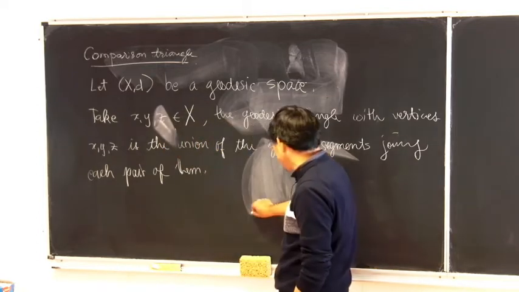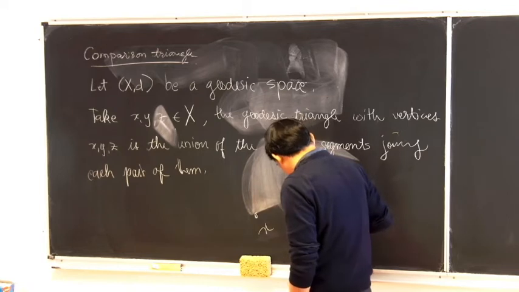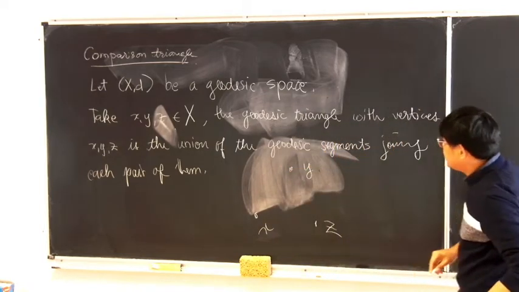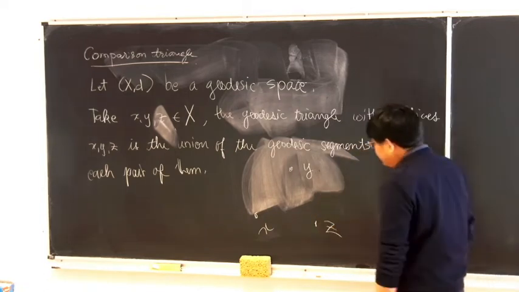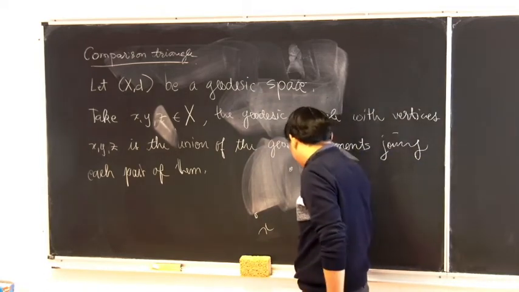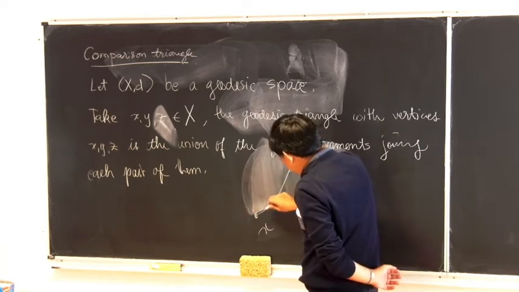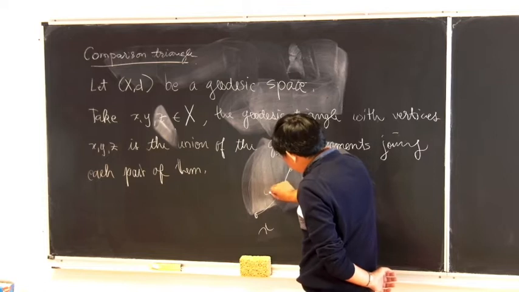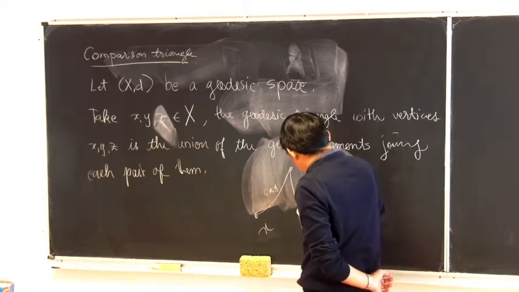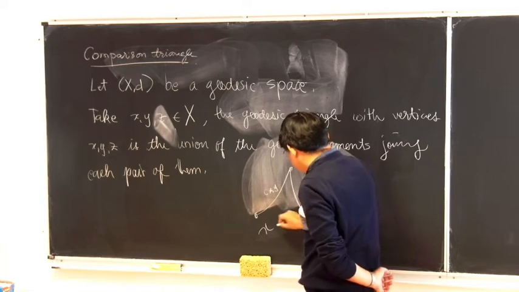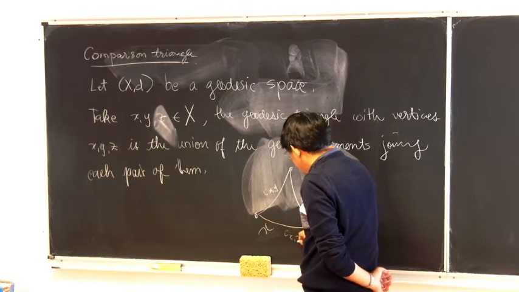We take x, we take y, we take z. Since it is a geodesic space, between each pair of these we can find a geodesic segment. Let me call this c_xy. We call this c_yz. And the last one, c_xz.